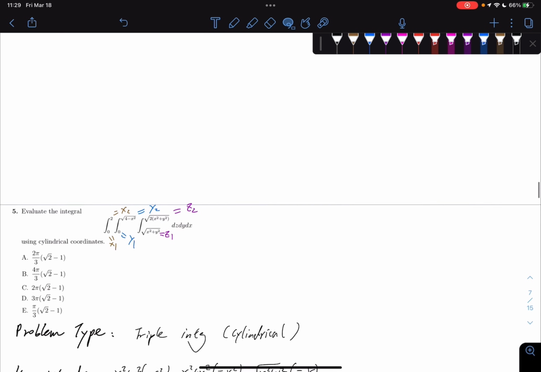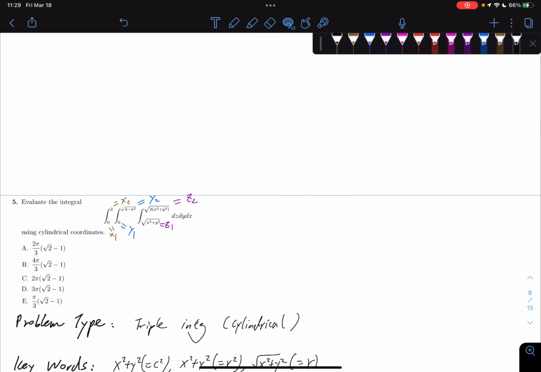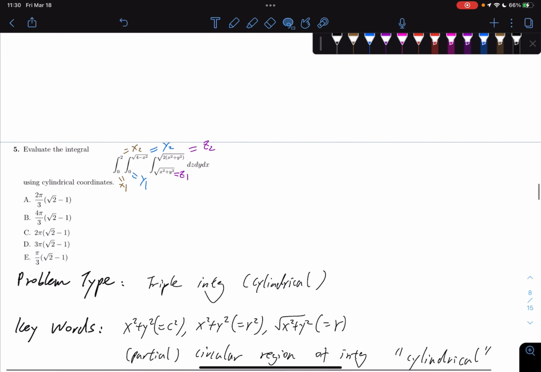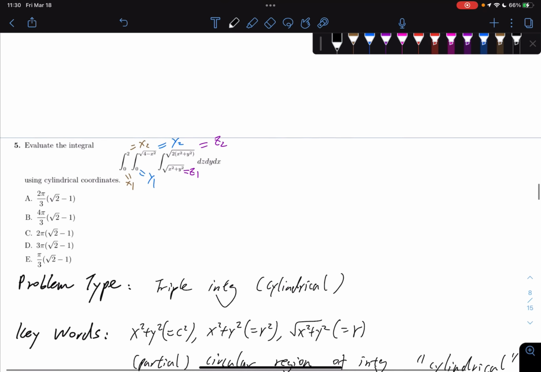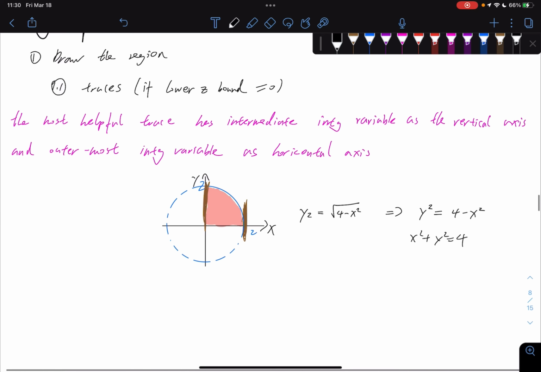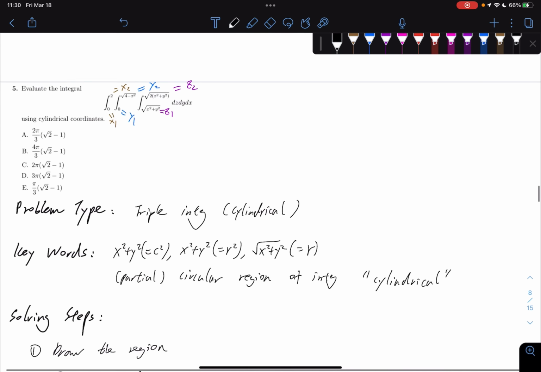And then let's shift our attention to the cylindrical coordinates. Actually, today we're also going to skip the isometric view.